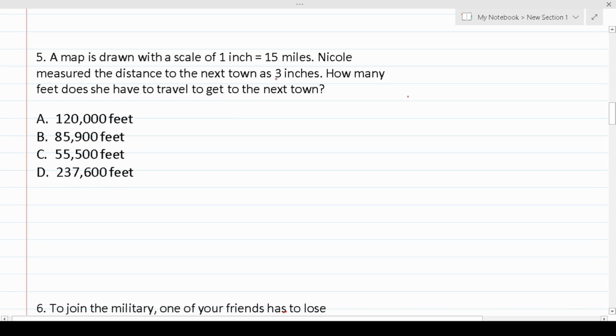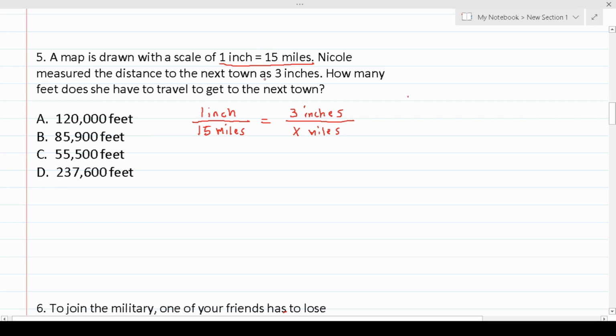Let's figure out how many miles 3 inches represents. And we're going to write this, which is given already, on the left-hand side of our proportion like this. 1 inch corresponds to 15 miles. We want to know what 3 inches corresponds to, and this is going to be x miles.